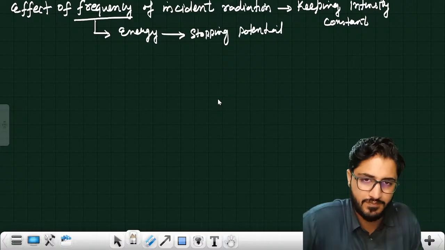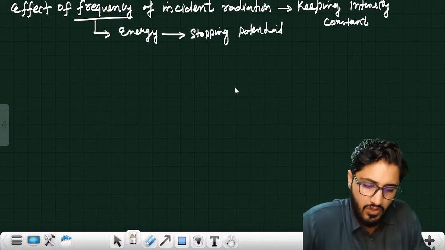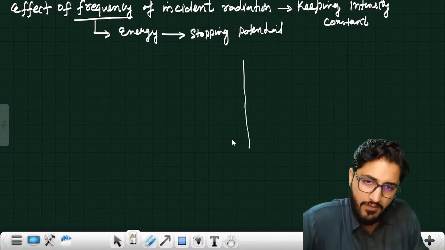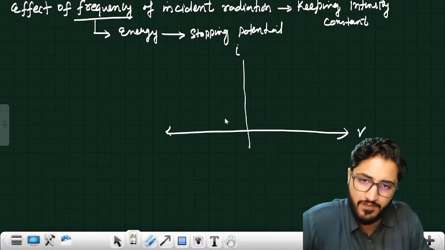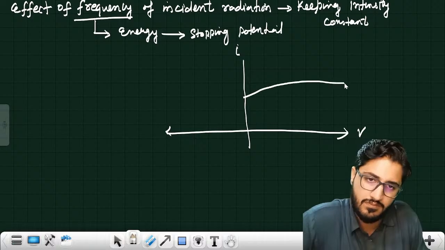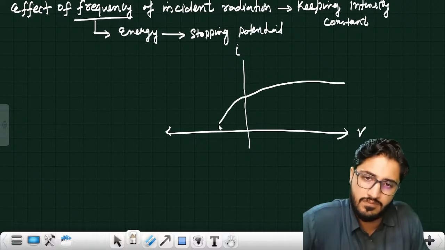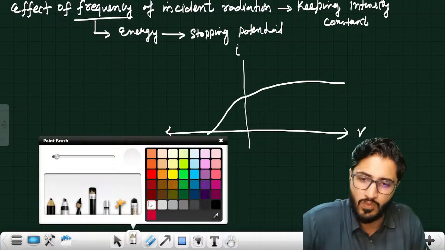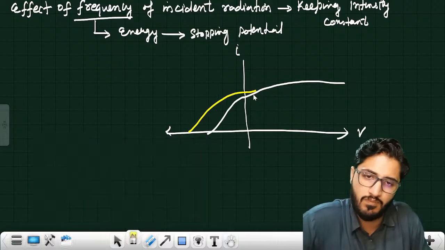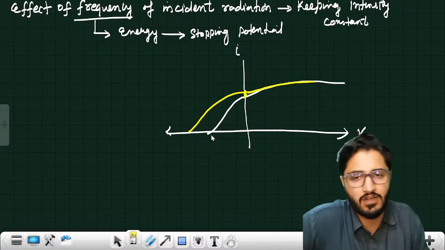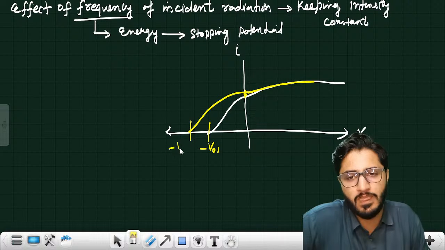Done? Look now, my graph looks like this. My graph, V and I. One graph, second graph, minus V naught 1, minus V naught 2.